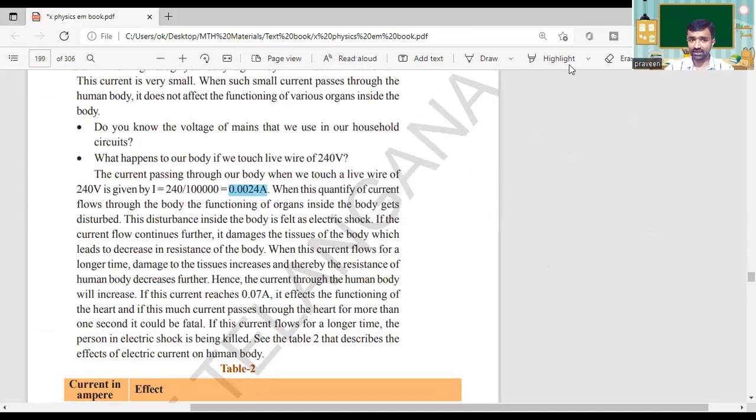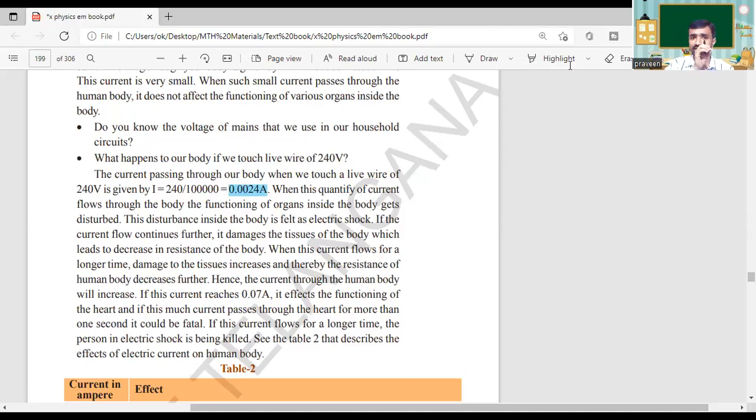When this quantity of current flows through the body, the functioning of the organs inside the body gets disturbed. That disturbance is felt as electric shock. Electric shock is nothing but disturbing the function of the organs in your body. So it gives you a sudden vibration, a sudden shake, and that is called electric shock, due to the motion of charge through your body.